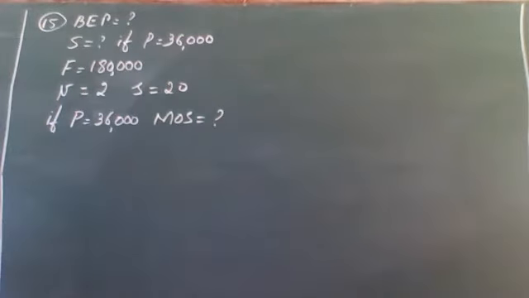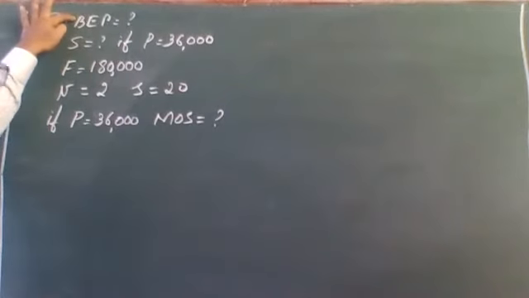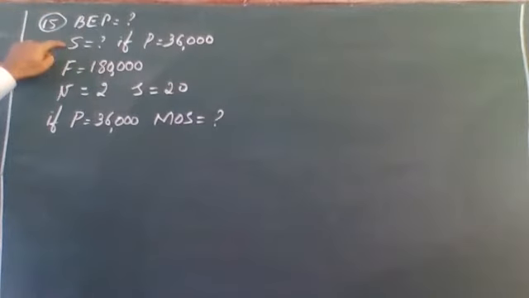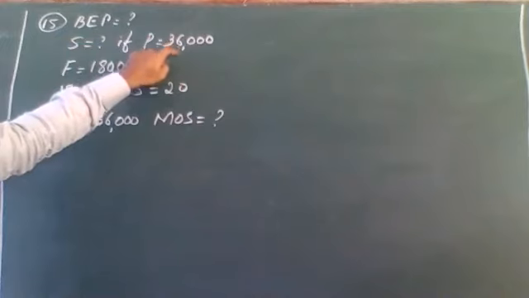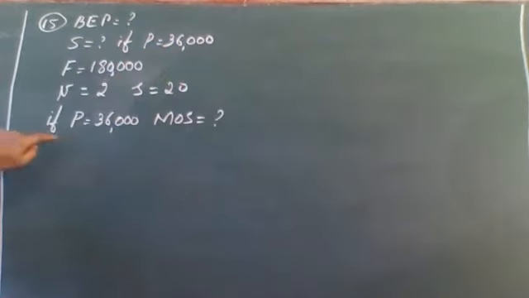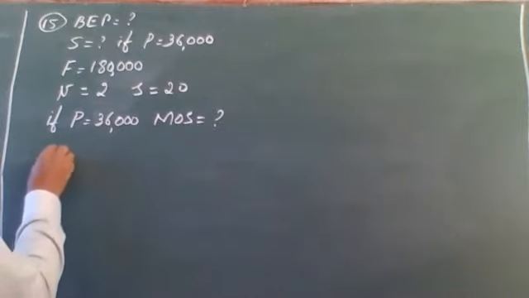So he says, I want you to tell me the break-even point. Then tell me the sales if I desire a profit of 36,000, and tell me the MOS if I have a profit of 36,000. So these are conditional questions, and the break-even point. We will start with the first part, break-even point.